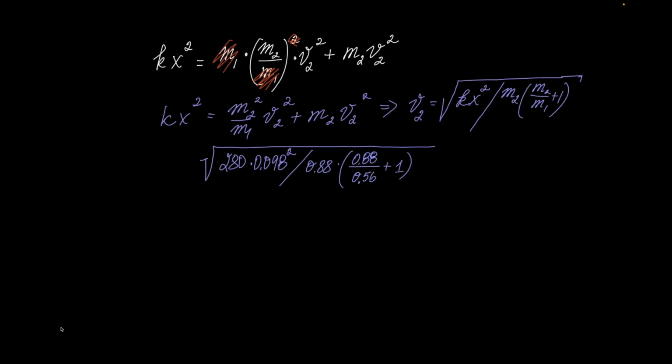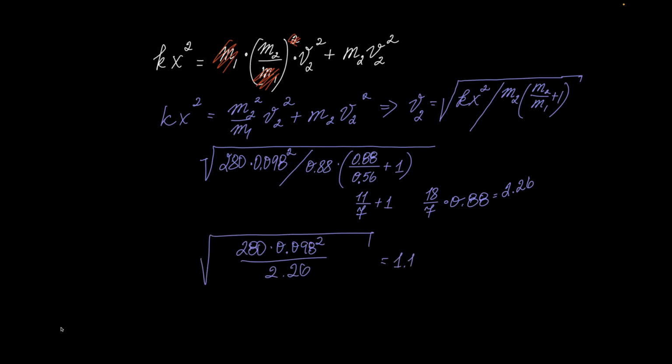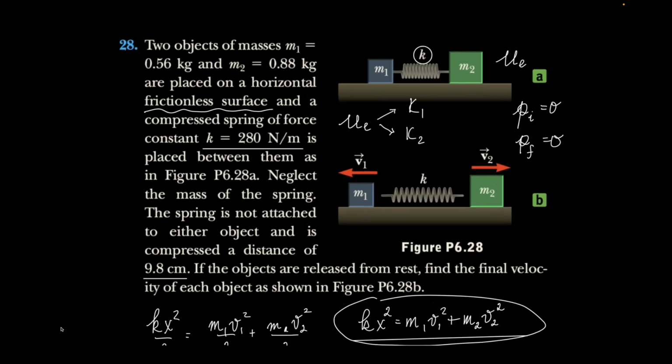So this is like 11 over 7 plus 1, 18 over 7, times 0.88. That will be 0.226, and then we do the root of that, 1.1 meters per second. That was the heavier object. So this right here is 1.1 meters per second.